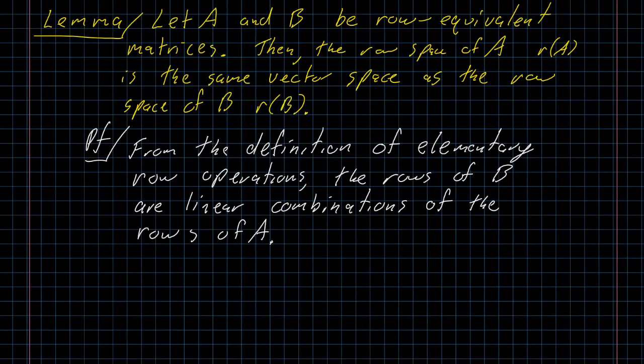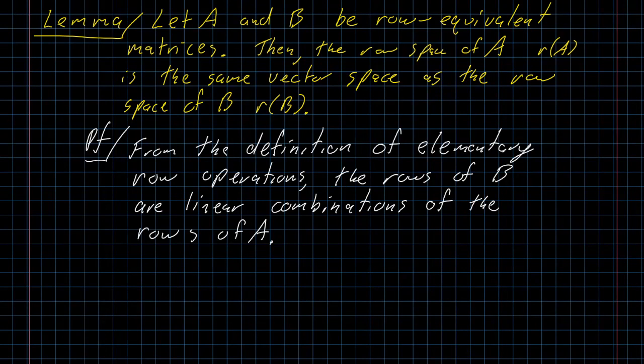But using the definition of elementary row operations, because these matrices are row equivalent, that means that we've performed several elementary row operations, and elementary row operations are linear combinations of the rows.